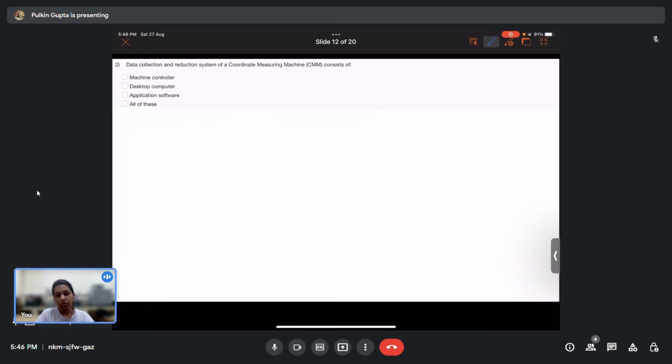Now, question 2. The data collection and reduction system of a coordinate measuring machine consists of a machine controller, desktop computer, application software, or all of these. Application software will never work without a desktop computer.